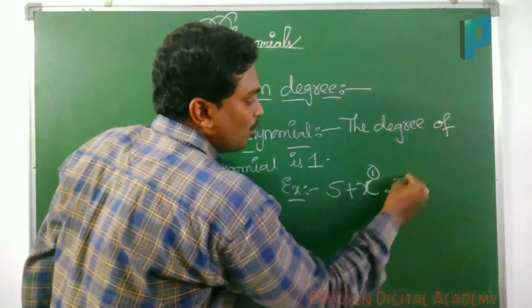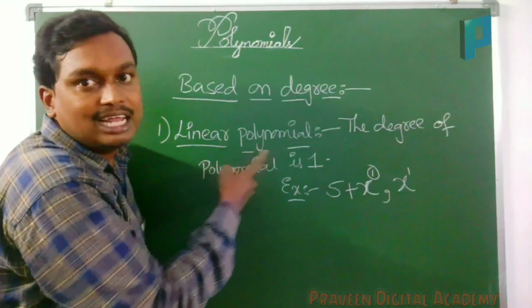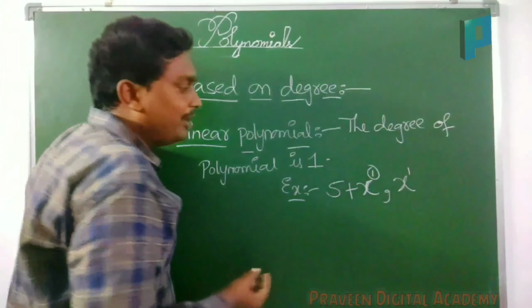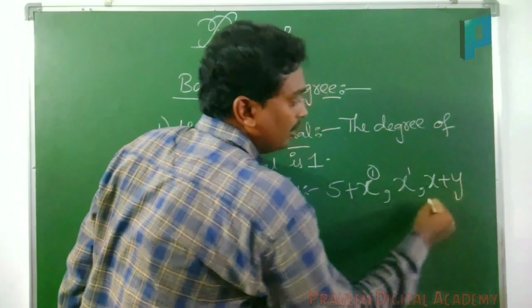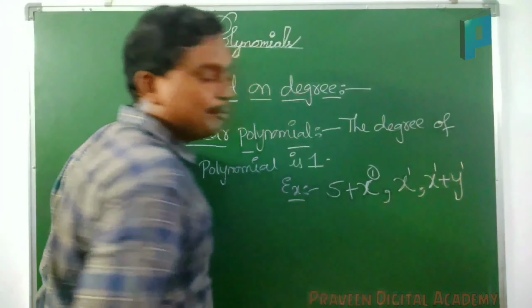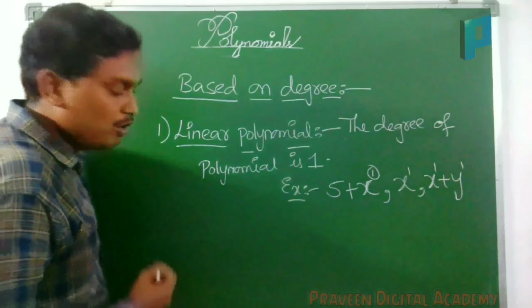Here only x has power 1, so it is called a linear polynomial. If you have x plus y, what is x's power here? 1. What is y's power? 1. This is also called a linear polynomial.